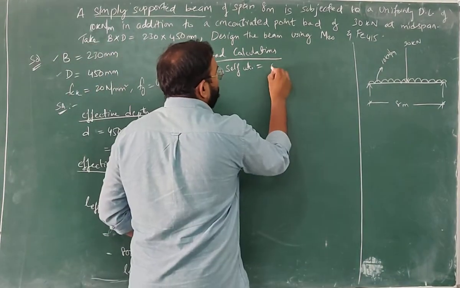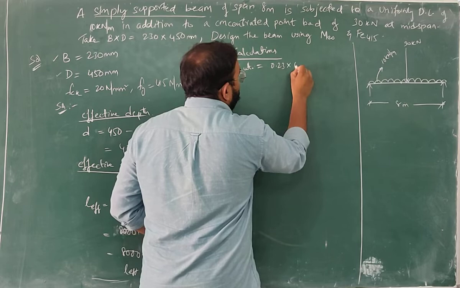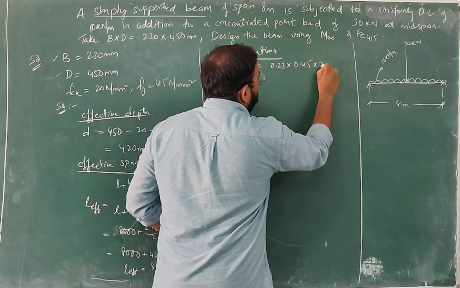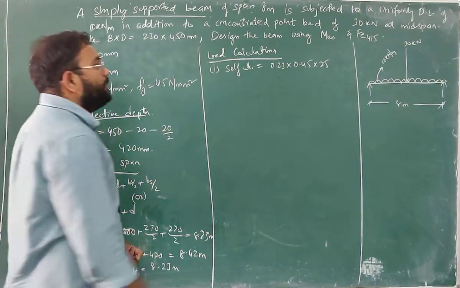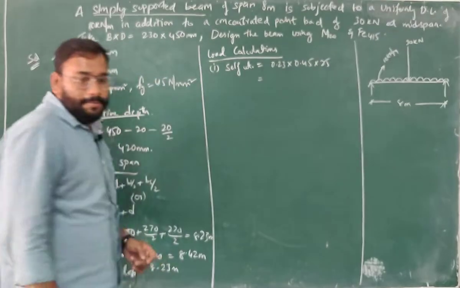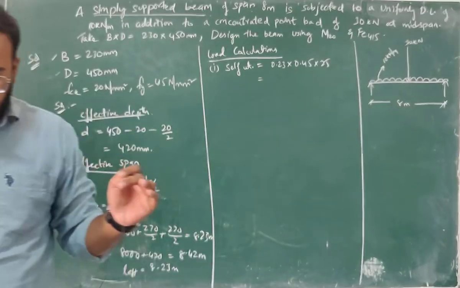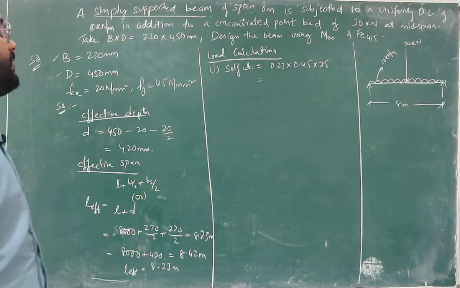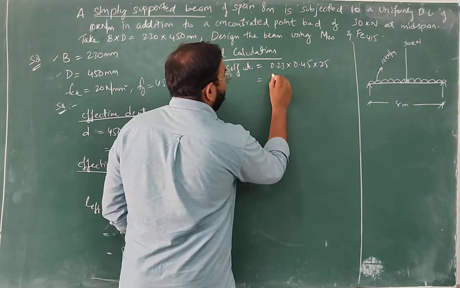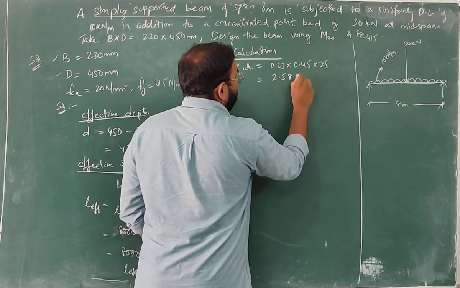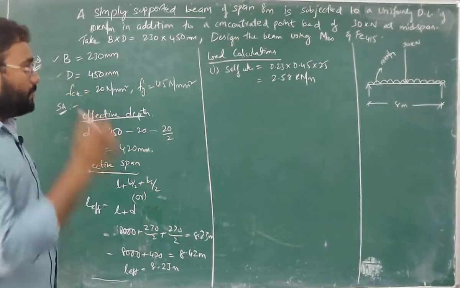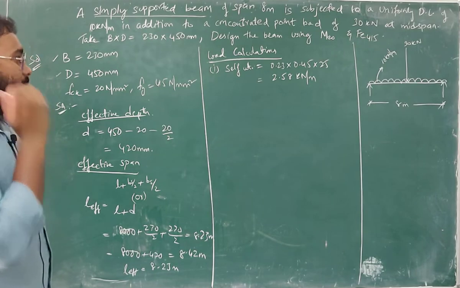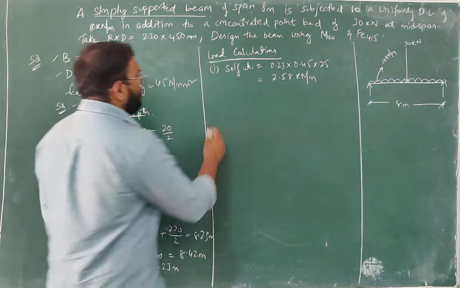Self weight of the beam 0.23 multiplied by 0.45 into 25. Overall dimensions multiplied by unit weight of concrete. So what is the answer? 0.23 into 0.45 into 25. What? 2.58 kilonewton per meter. Okay, 2.58 kilonewton per meter.